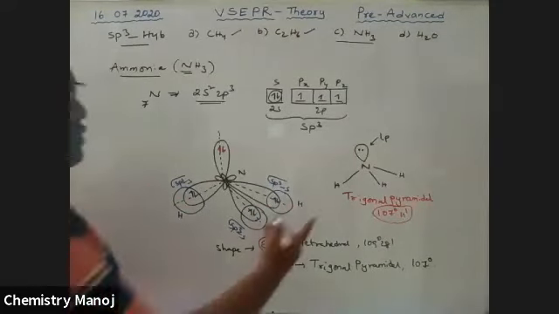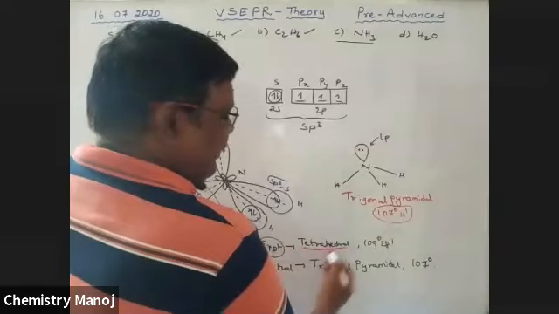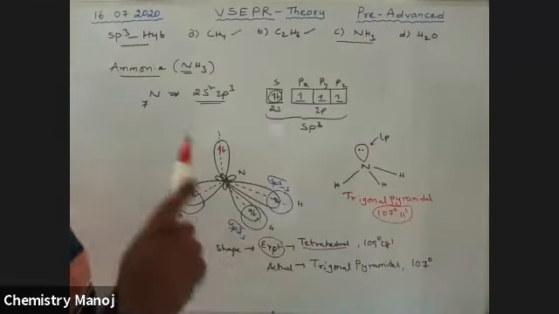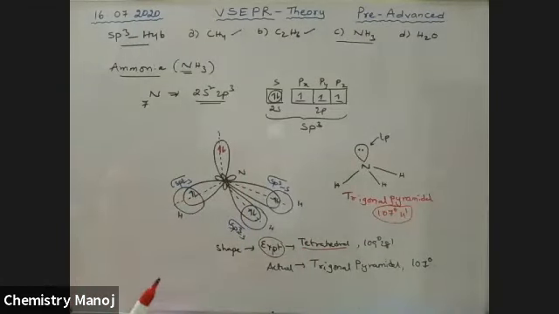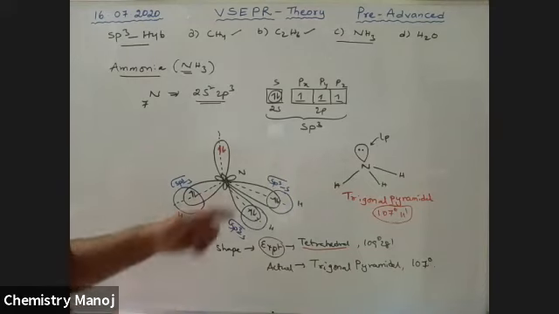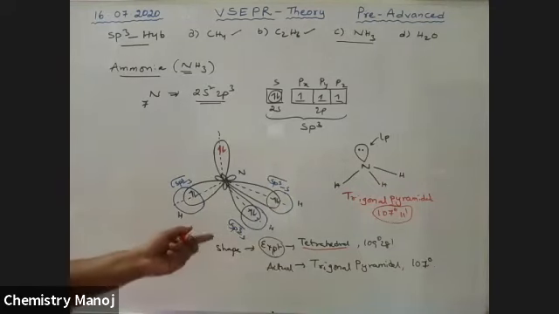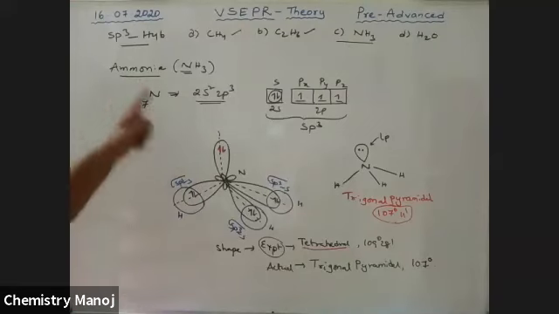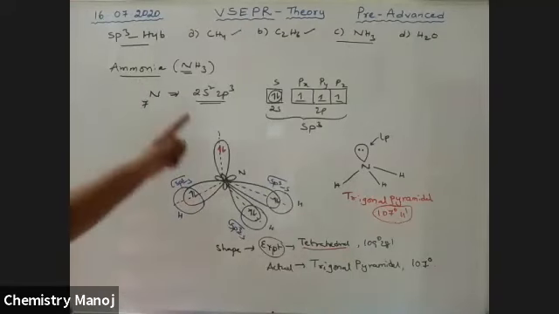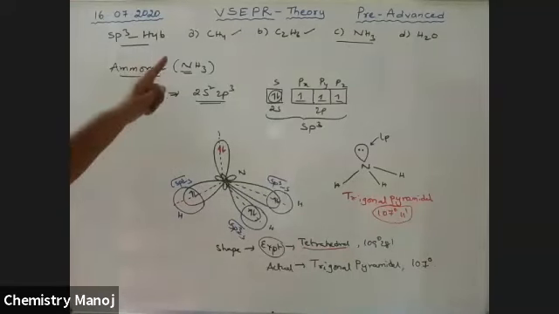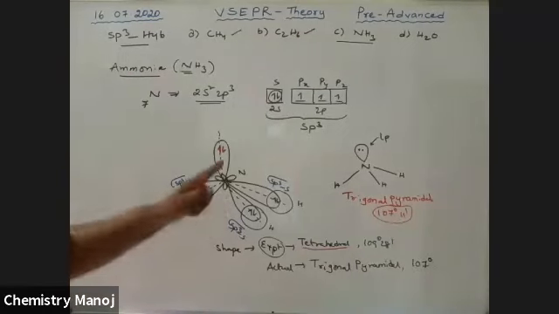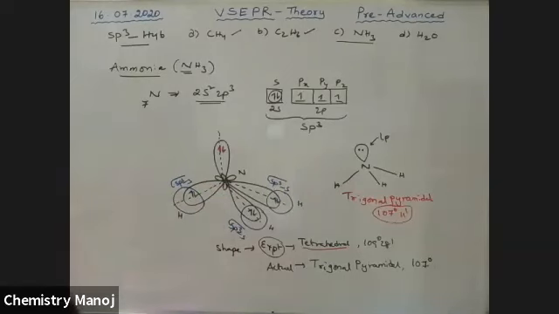So this is actual, but we expected tetrahedral. That means hybridization failed to explain the shape of this ammonia molecule. It is not explained by our hybridization.